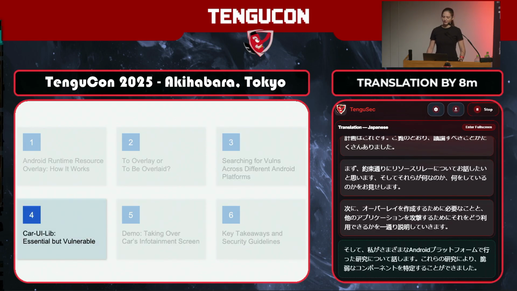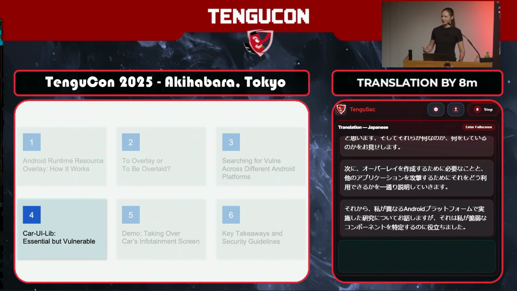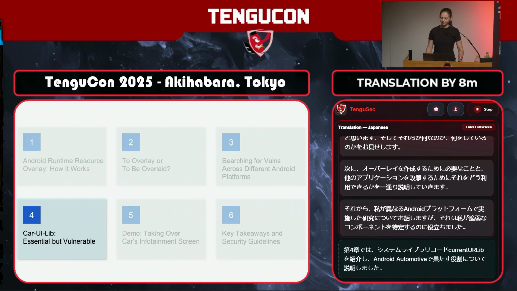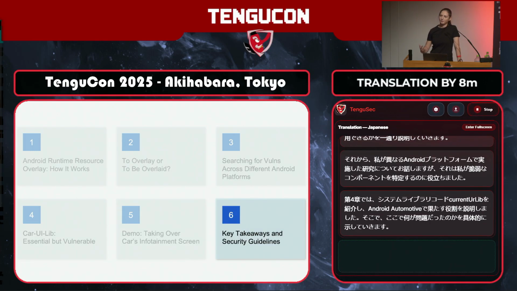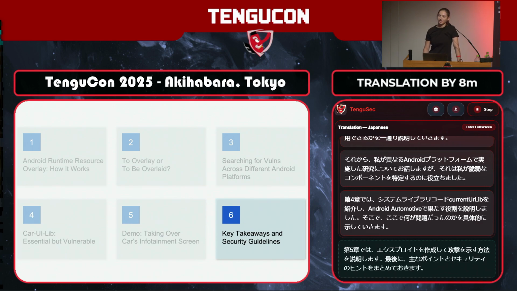In Chapter 4, I introduce the system library called Car-UI-Lib and explain the role it plays in Android Automotive, and I'm going to show you what exactly went wrong here. In Chapter 5, I'll show you how I built an exploit and demonstrate the attack. And finally, I'll wrap up with the key takeaways and security tips, practical advice you can use to avoid similar vulnerabilities in your own products.